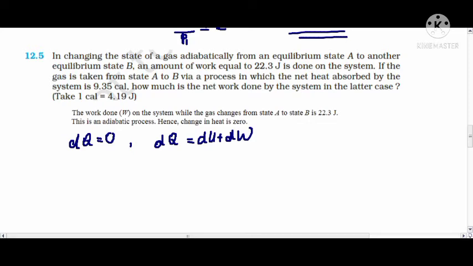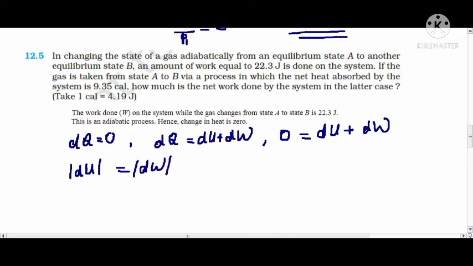No heat is absorbed being an adiabatic process, so we can say 0 is equal to dU plus dW, which means the mode of dU, the amount of change in internal energy, is equal to the mode of dW work done when the system changes from initial state A to final state B.